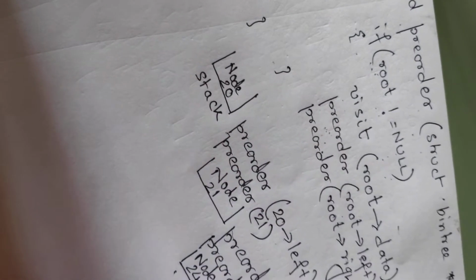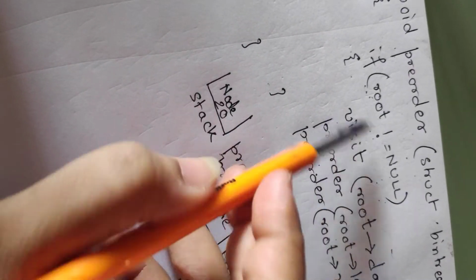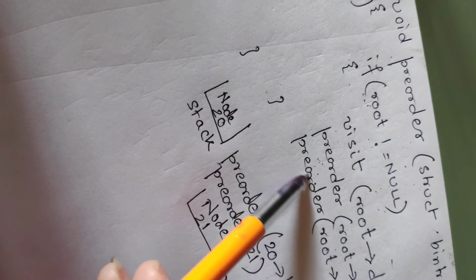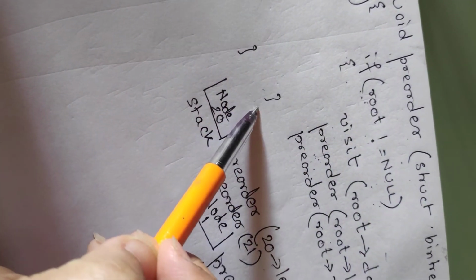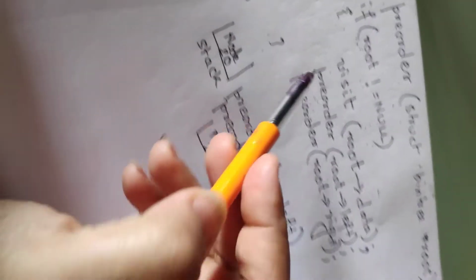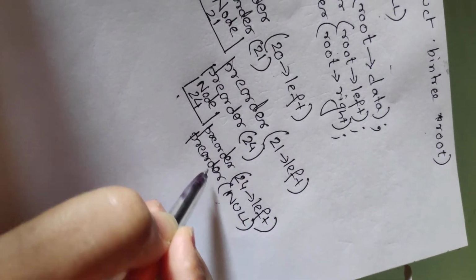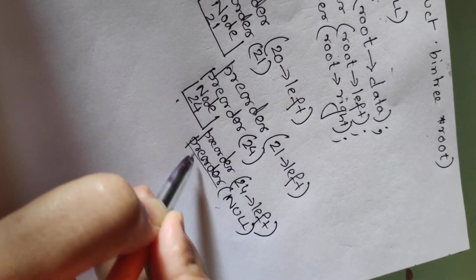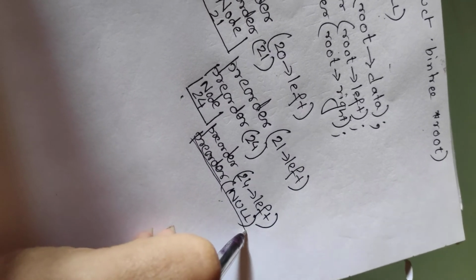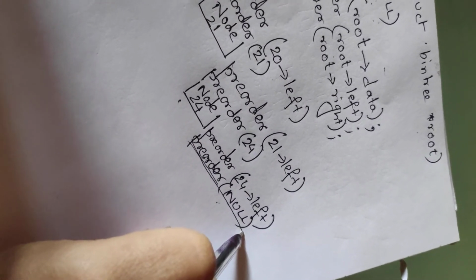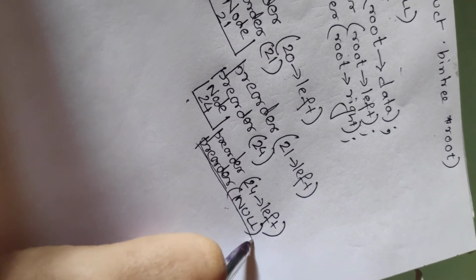Right? Now what happens when this base value has been called? That means you are done with this preorder null, because we have nothing to do in this recursive call.